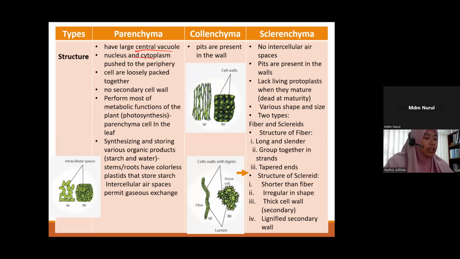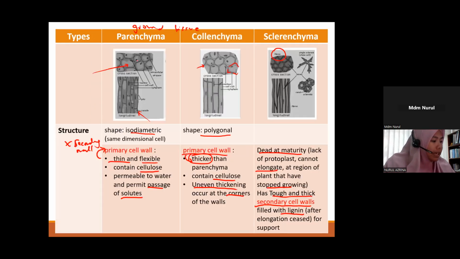Parenchyma has a nucleus and cytoplasm, where the nucleus and cytoplasm are pushed to the periphery. Periphery means towards the edge of the parenchyma cell, like this picture. You can see the nucleus is pushed towards the periphery because of the large vacuole.